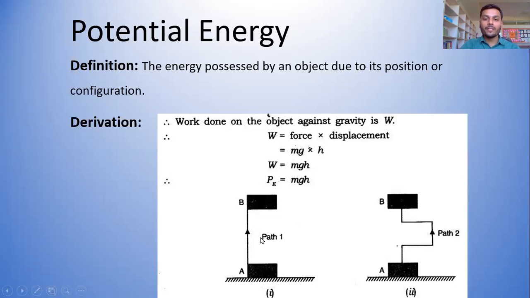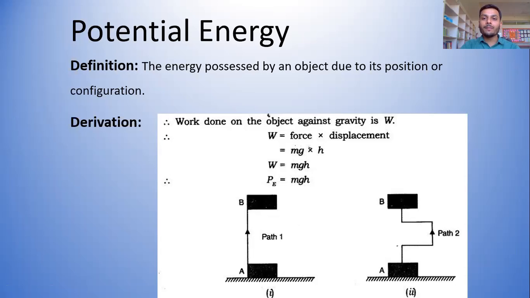Now in this figure, you can observe that initially the object is placed at position A. Later on, it is placed at position B. So the distance from position A to position B is considered as height h. And hence, the displacement is considered as the height between the two positions, that is h.